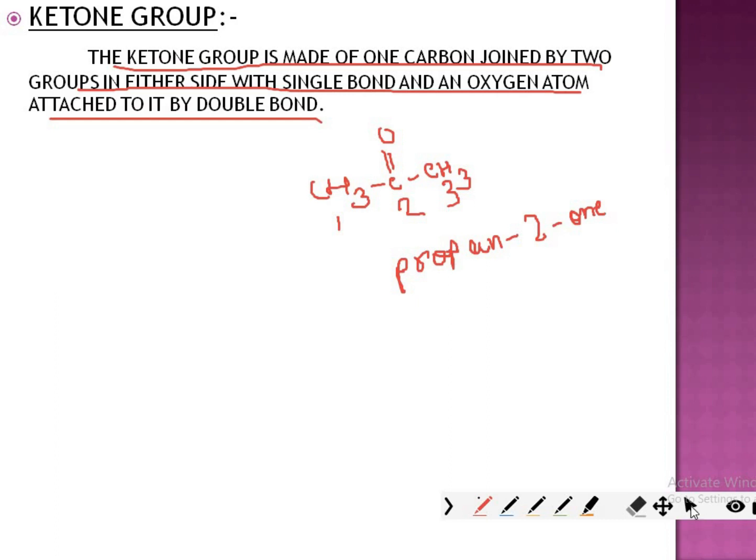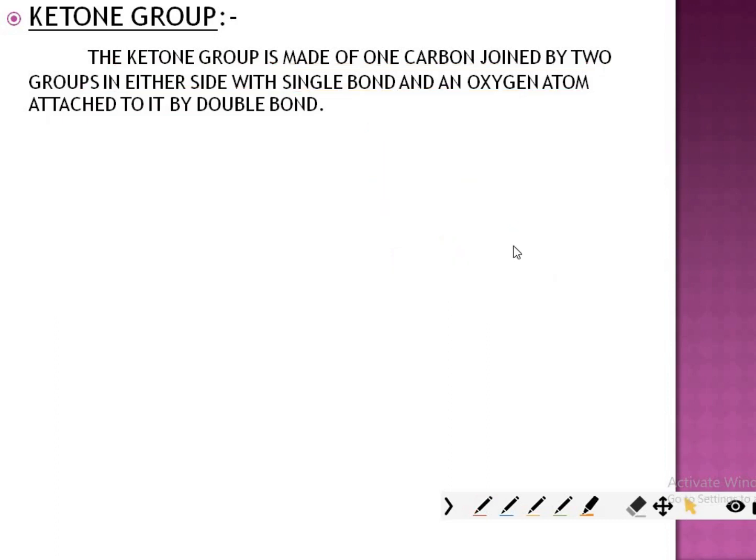Okay, also called acetone, common name acetone. Okay, now the next we have, oh sorry, I been told, ketone is denoted like this. We have carbon here, so two different groups are to be attached on both sides of the carbon. It is generally found in the middle of the chain.